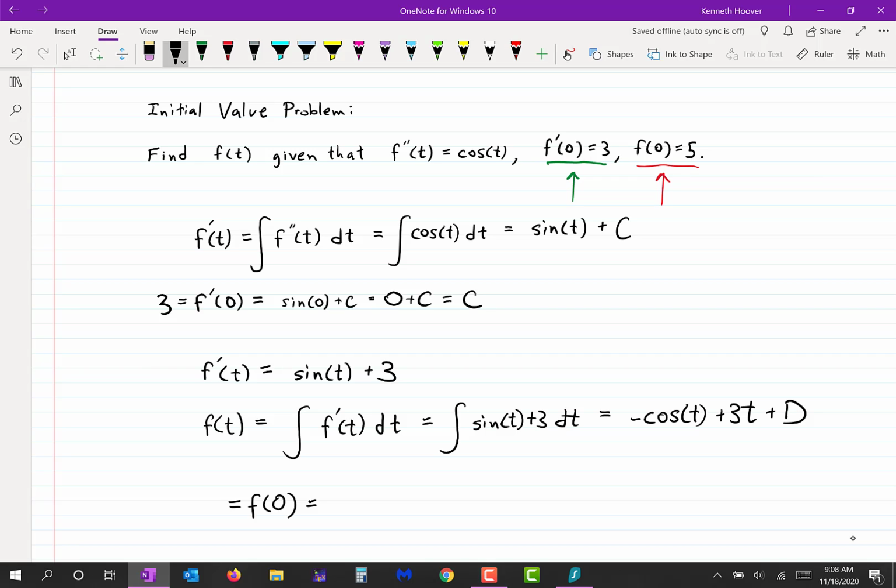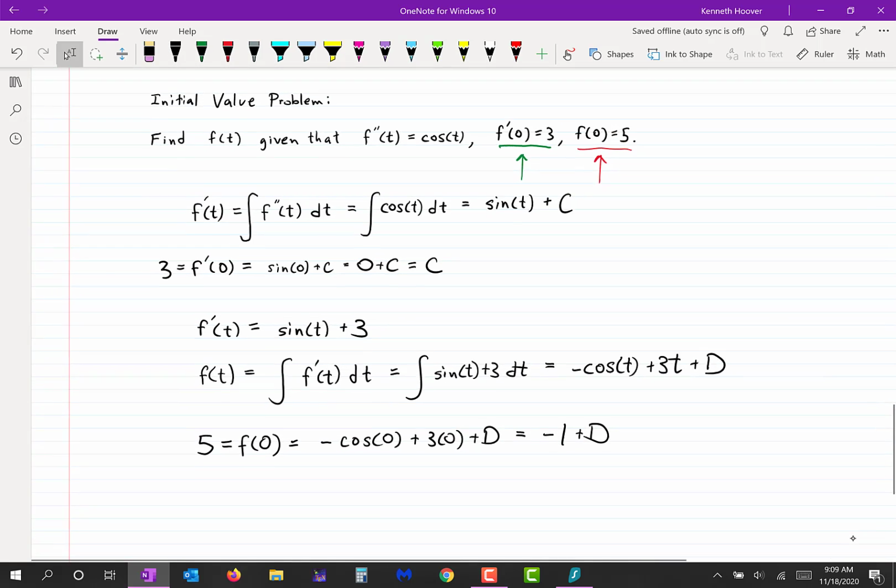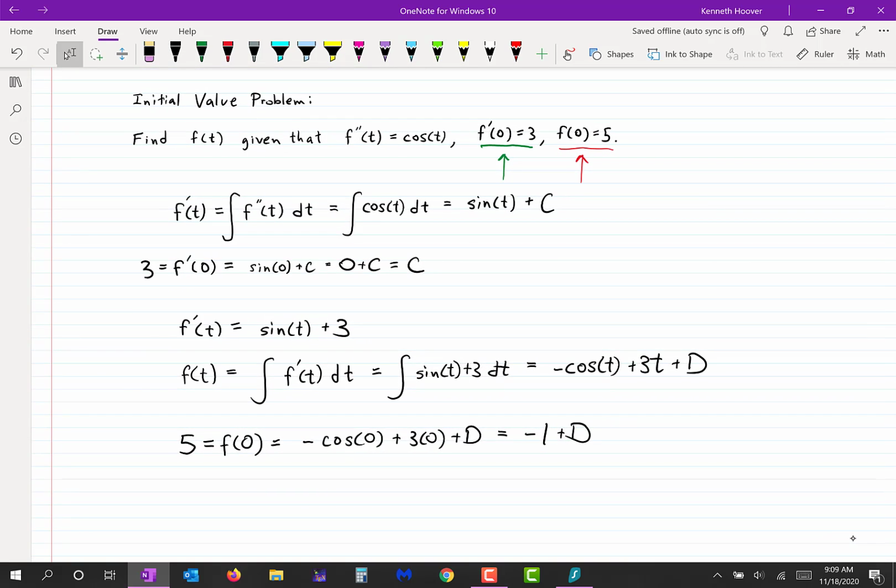They told me it's 5, and I can calculate it to be negative cosine of 0 plus 3 times 0 plus d, which would be what? Negative 1 plus d. So 5 equals negative 1 plus d. What is d? d would have to be 6.